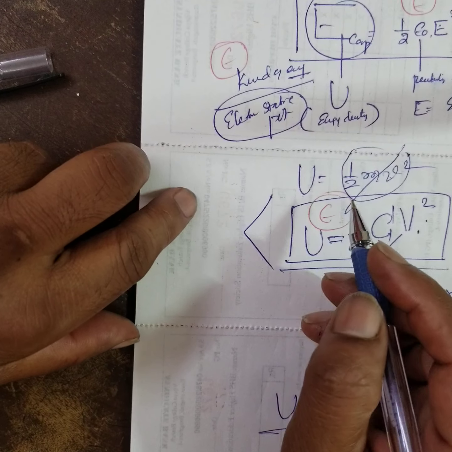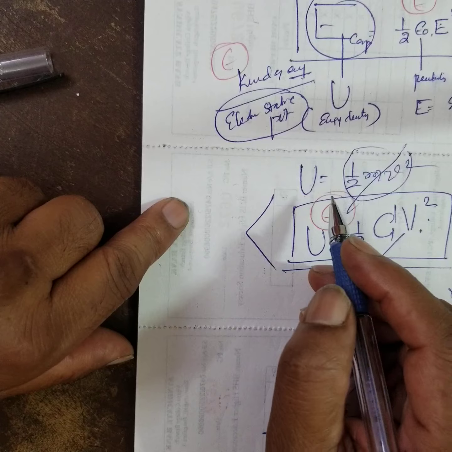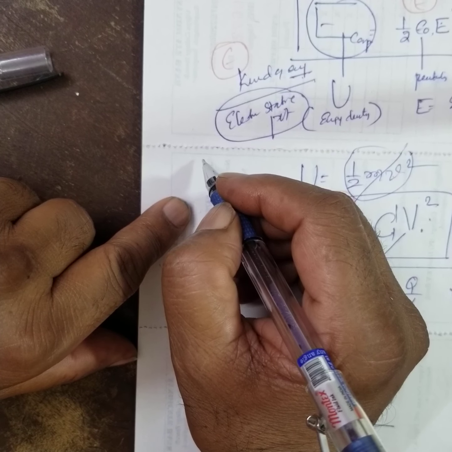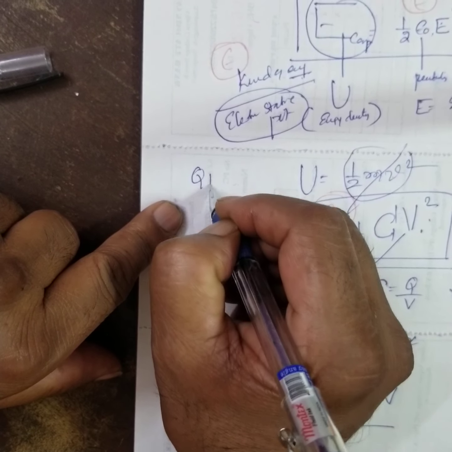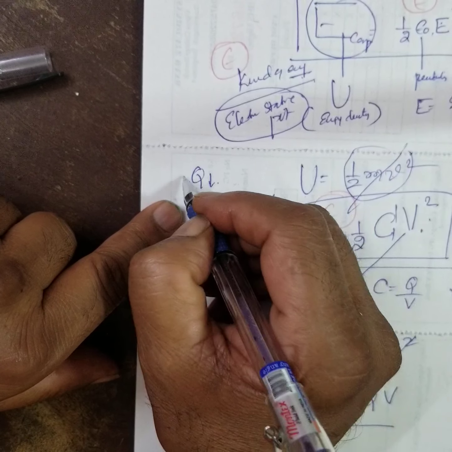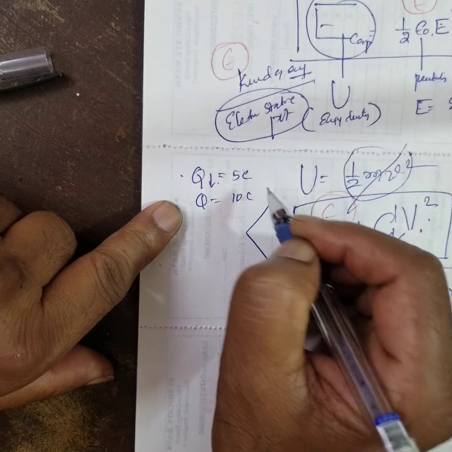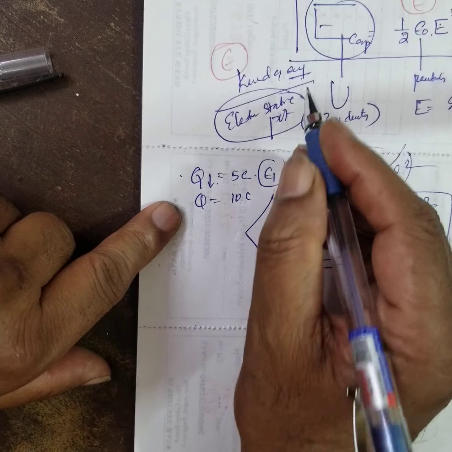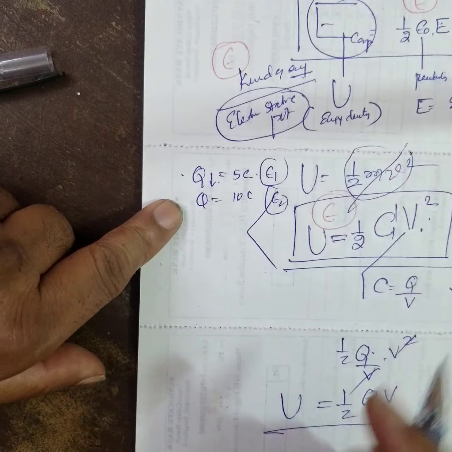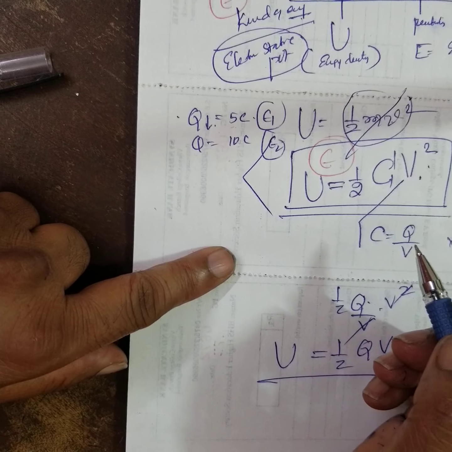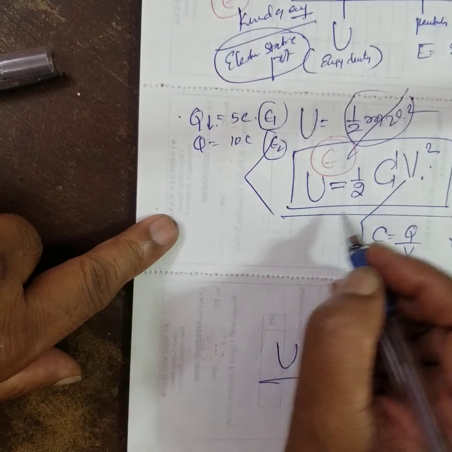What happens to the energy stored in the capacitor if the charge is doubled? See, I am adding 5 coulomb of charge, and now I am adding 10 coulomb of charge. What happens to the energy?